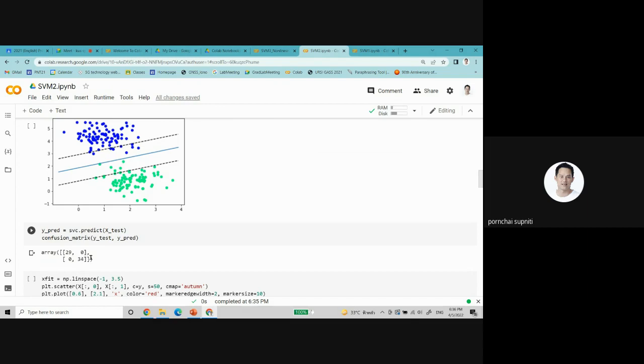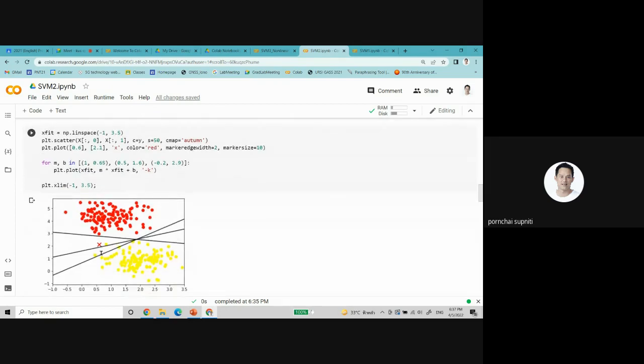Okay, and that's it. So in this part you see that there are no errors. The correct count for class 0 is 29, and class 1 is 34. Okay, and there's no error in between.